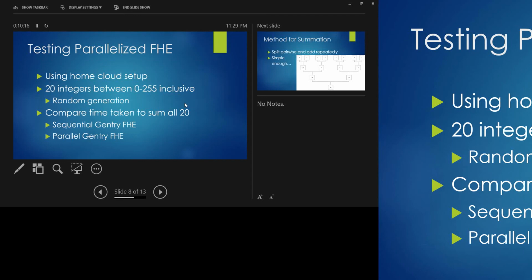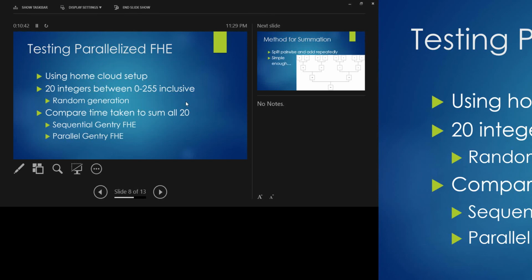Specifically, the test that was done of interest here is that only 20 random integers were generated, and only within a specific range. And the idea here is to compare the time taken to sum all 20 of them. We'll do it sequentially using the Gentry algorithm, and also in parallel. And we'll see how the time difference changes.